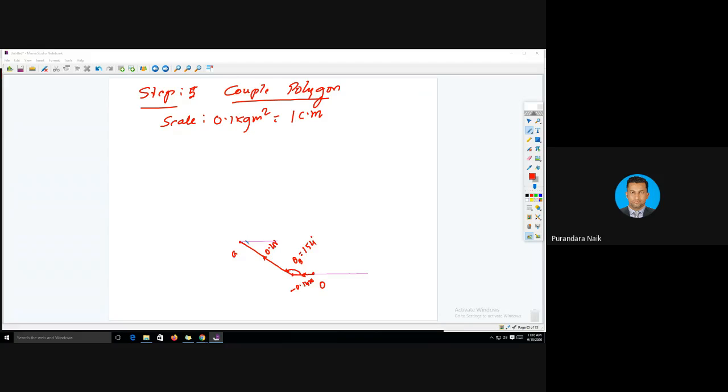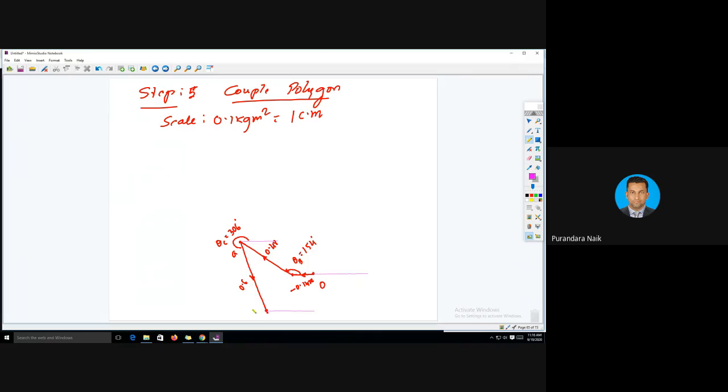You take 306 degrees, somewhere here, theta C. The length is 6 centimeter, so mark a point here. Now mark or draw the reference line.